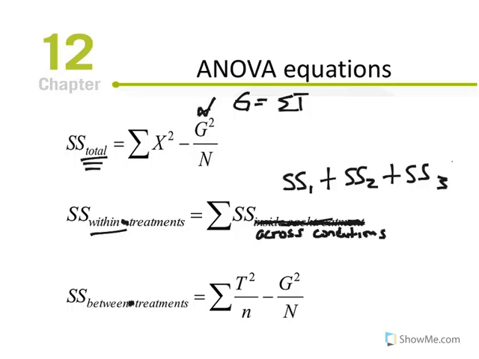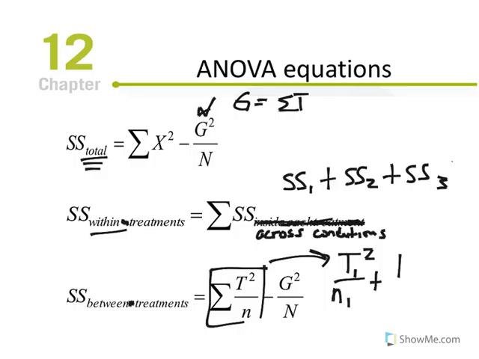And in all honesty, the SS between is the most complex calculation. It's not very difficult, but it is time consuming, because this part of the equation is represented by taking T sub 1 squared over n sub 1, adding it to T sub 2 squared over n sub 2, and T sub 3 squared over n sub 3.